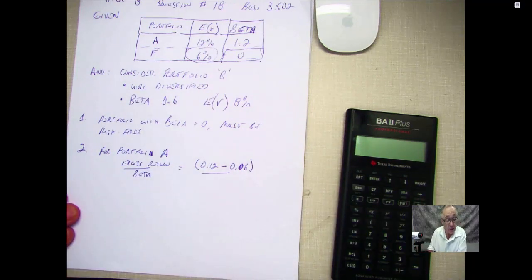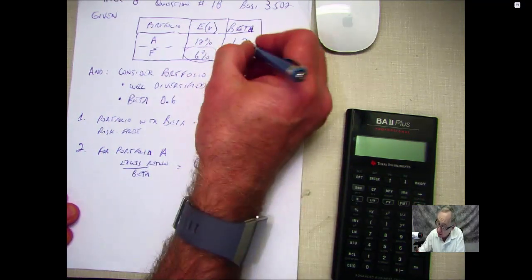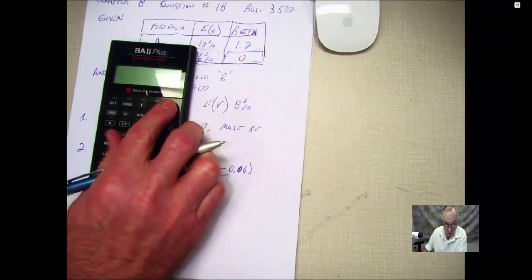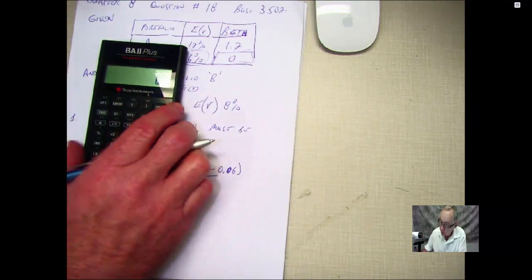Okay, and then for portfolio A, it's beta 1.2.